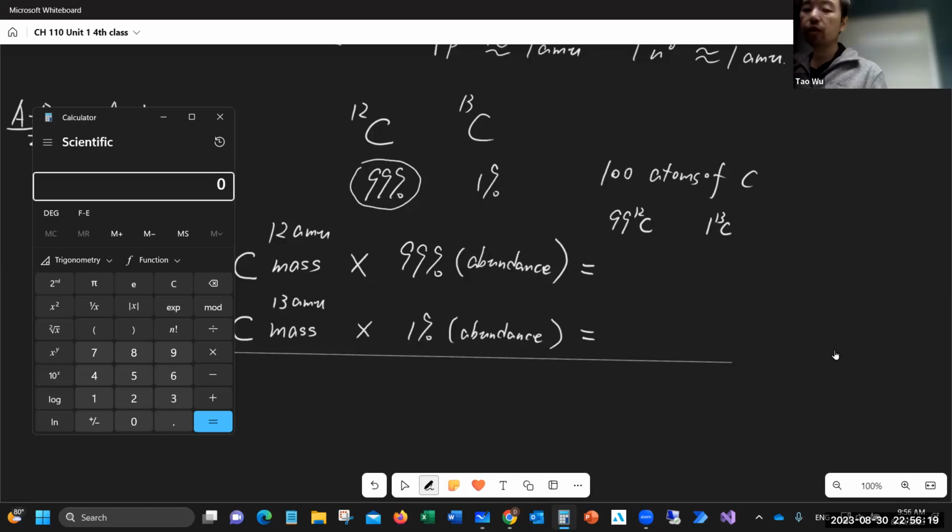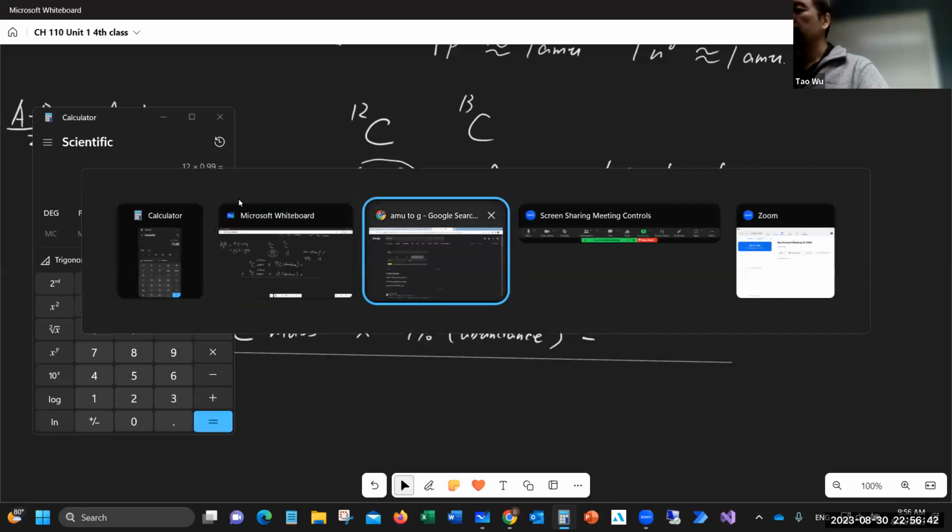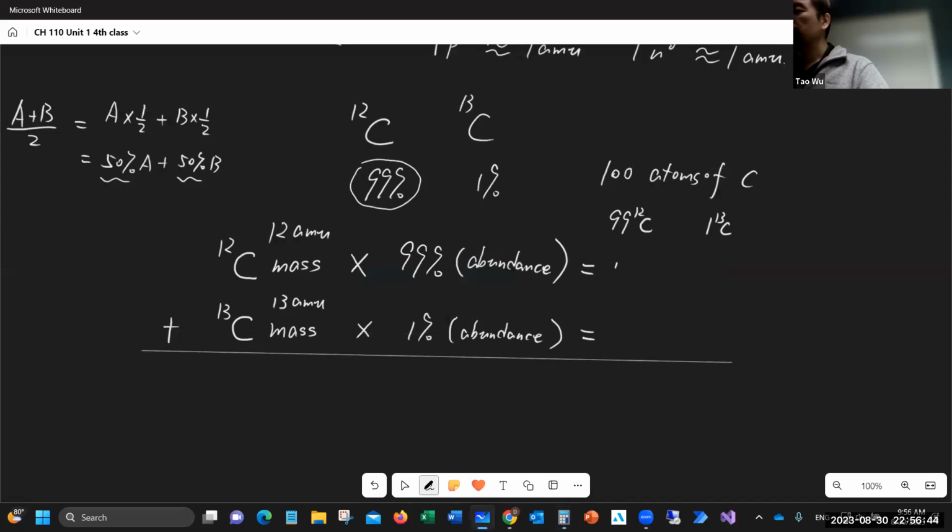There's no percent sign on your calculator, but you can just do 99 divided by 100, which is the same thing. So 12 times 0.99 gives the first value, 11.88 AMU.